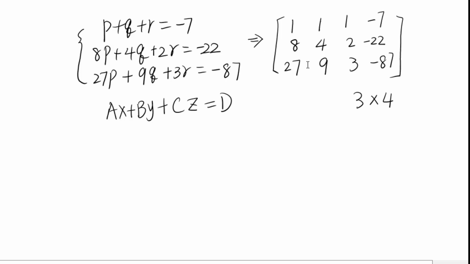When you decide to use a matrix to solve this system of equations, you don't have to simplify the equations. Like the second equation, we know the common factor is 2, but since we want to use the graphing calculator to figure out the solution, you don't have to simplify this equation.